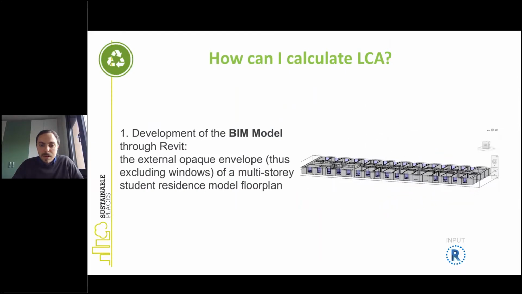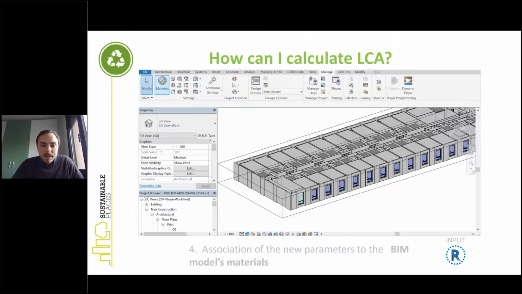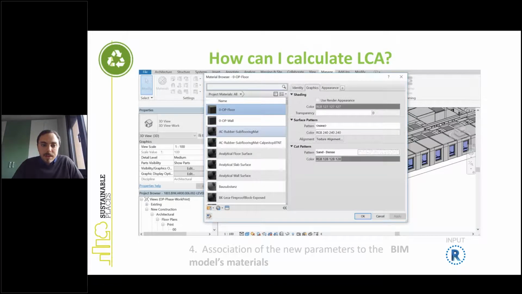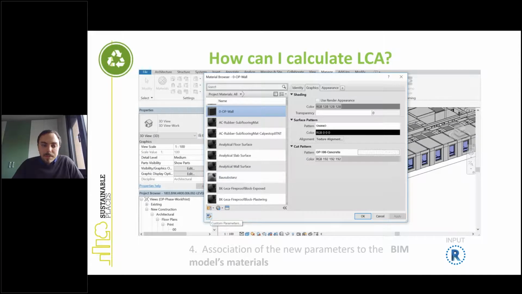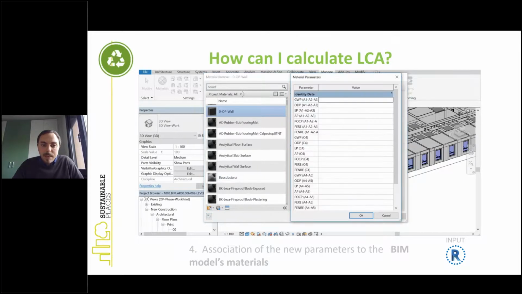So this is the BIM model, and the process to add the material information, the material parameters about the LCA information, like here in the identity data, all the phases of LCA.